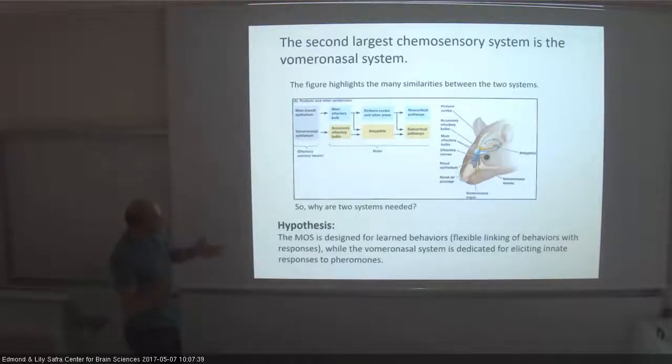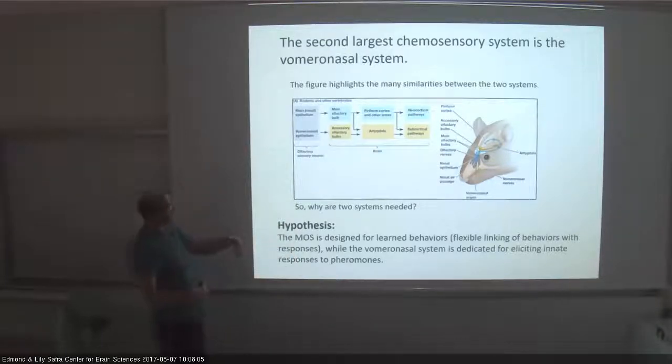And the idea that people have, and even though we know it's a simplistic idea, it's the best one so far that we have, is that the main olfactory system is a generalist system, that it's supposed to be able to detect any arbitrary odorant. Of course, we know that not everything, but a wide range of odorants, and that it can learn various types of associations between odors and responses.